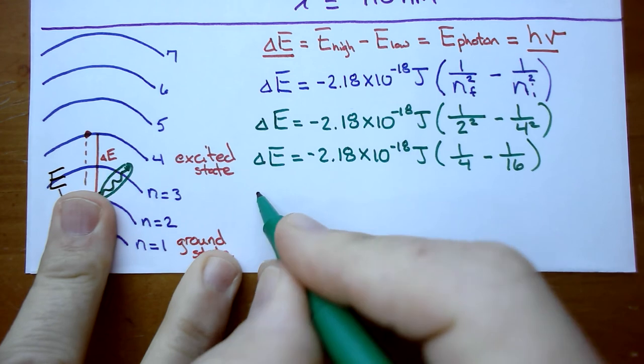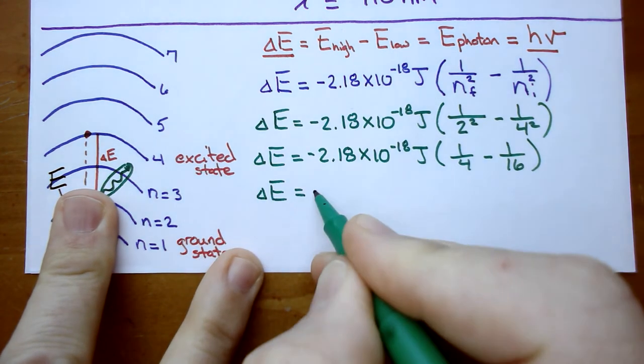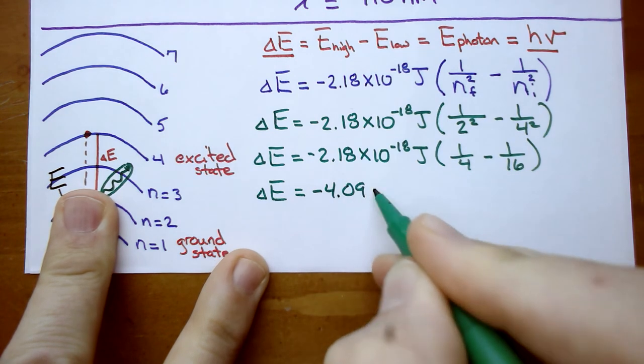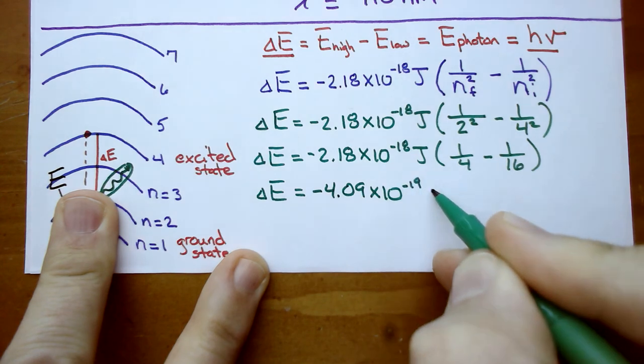So that energy involved in that is a negative 4.09 times 10 to the negative 19th joules.